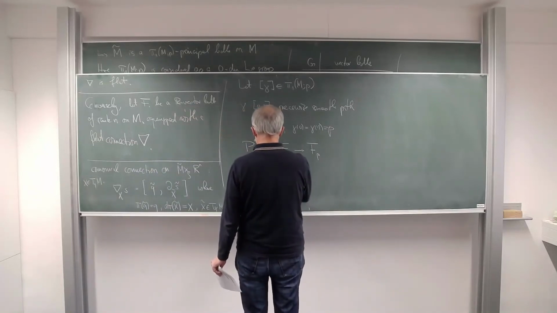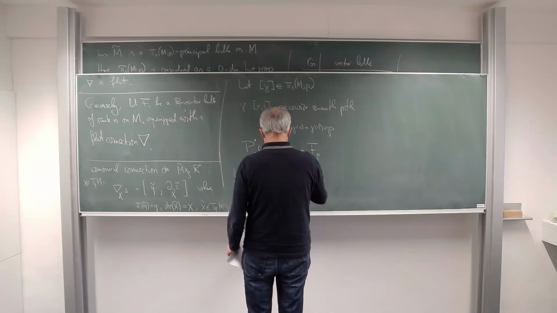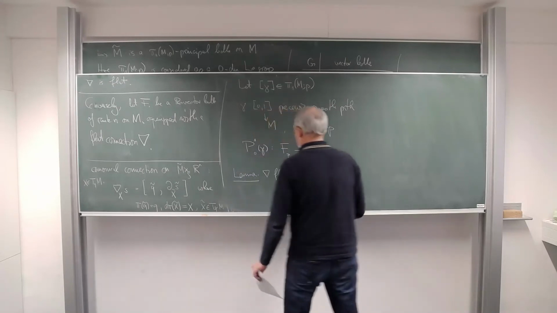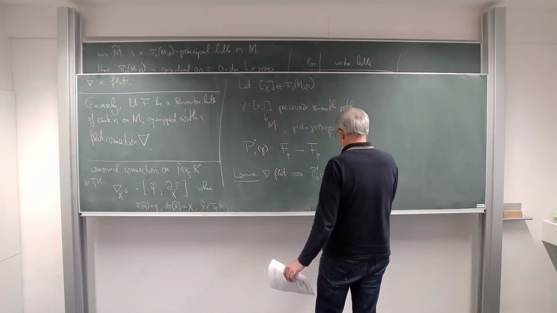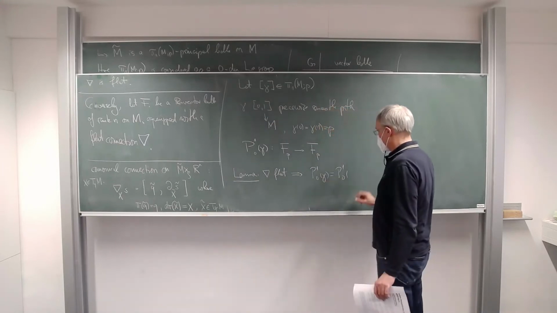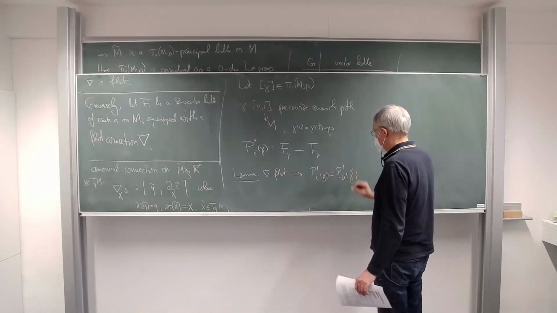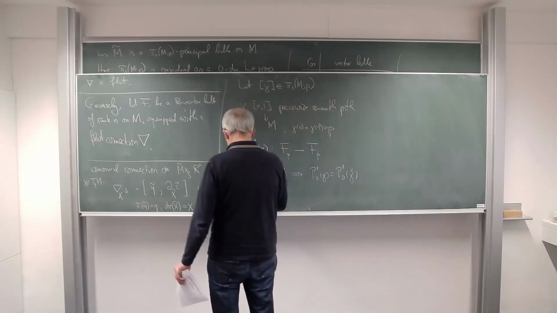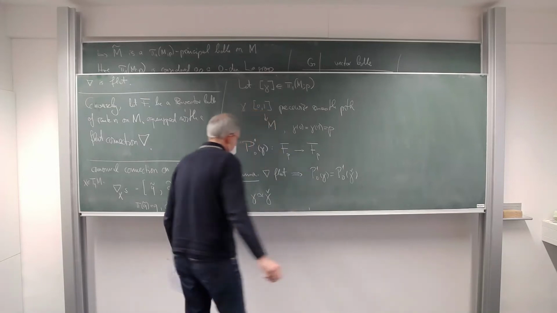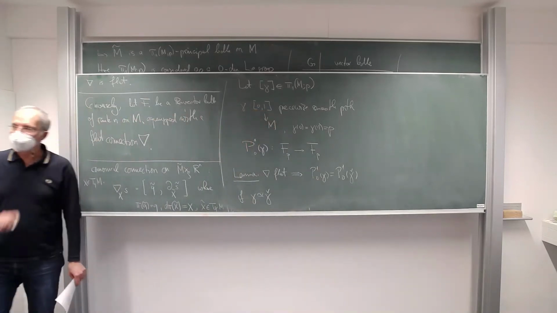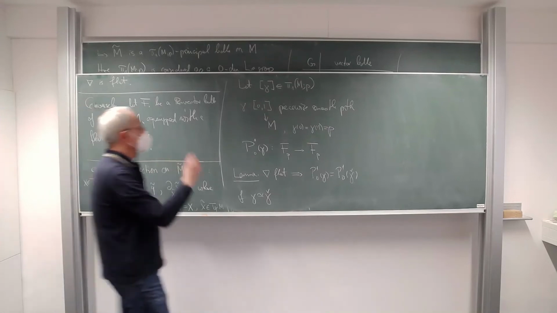Nabla flat implies that parallel transport along gamma or gamma check is the same if gamma and gamma check are homotopic, and here, so represent the same homotopy class.